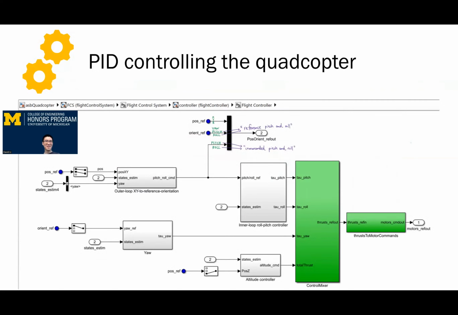So after figuring out how to perform simulations with the model, the next step is to control the quadcopter. And in the interest of applying EECS 460 control theories and gaining hands-on experience with controller tuning for a real application, I performed PID tuning for all 6 controllers, one at a time: altitude, yaw, roll, pitch, X, and Y. Note that because there are only 4 elementary motions of a quadcopter, we only end up with 4 overall outputs: pitch torque, roll torque, yaw torque, and total thrust.